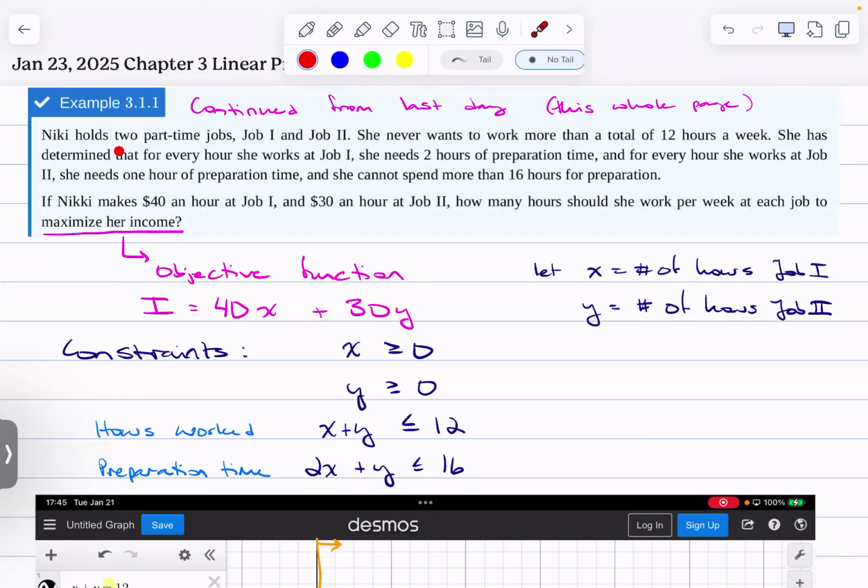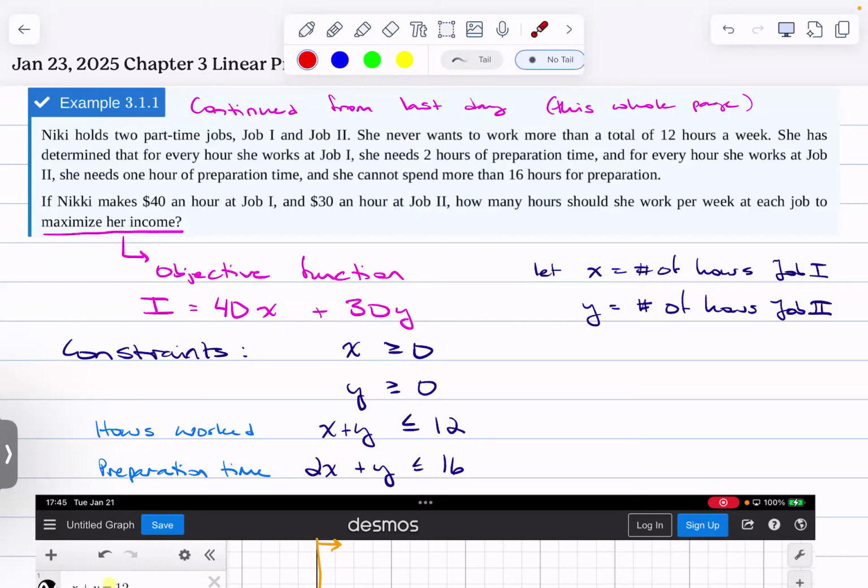Oh yeah, Nikki holds 2 part-time jobs, job 1 and job 2, and she never wants to work more than a total of 12 hours. Okay, and so we had these constraints that we rewrote as linear functions, right? And so we had an objective function where if she makes $40 an hour at job 1 and $30 an hour at job 2, then how many hours should she work at each job to maximize her income, right?